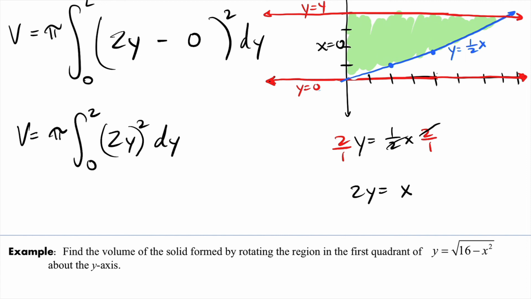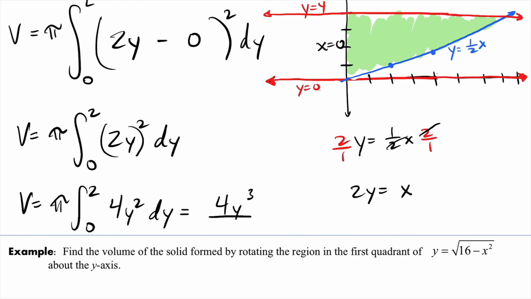So this is going to be volume equals pi integral of 2y squared dy. So you find the antiderivative. You're going to go 4y cubed divided by 3, times pi, from 2 to 0.